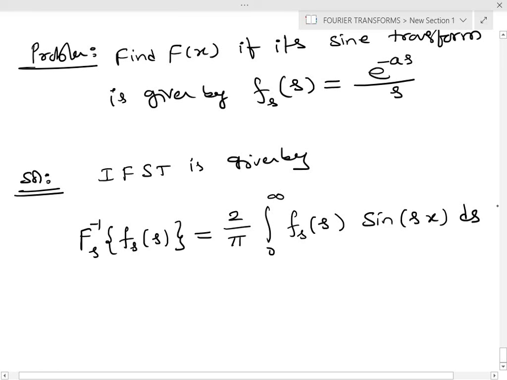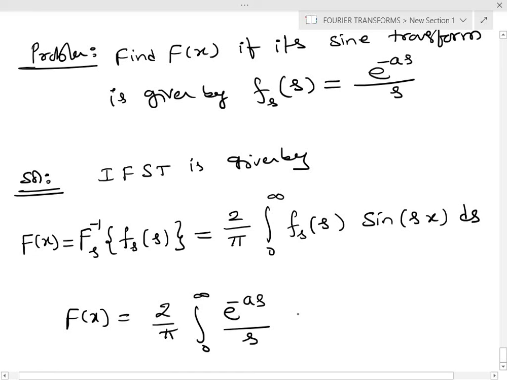So finally I'll get f of x, which is what I want. So f of x will be equal to 2 by pi, integral 0 to infinity, e power minus as upon s, sin of sx into ds.